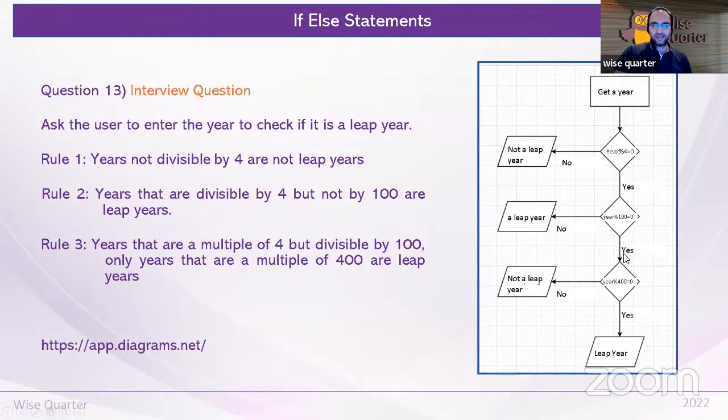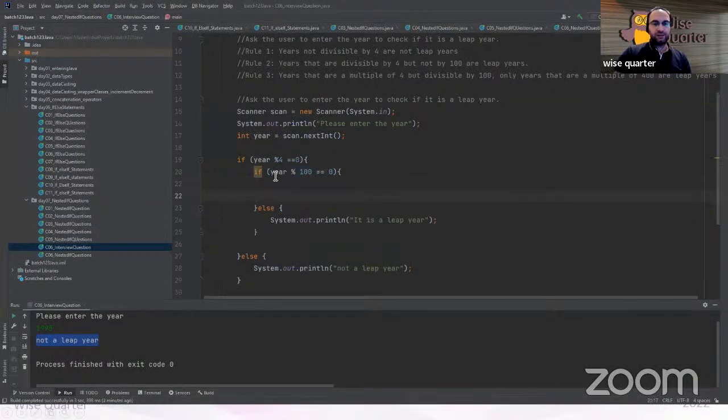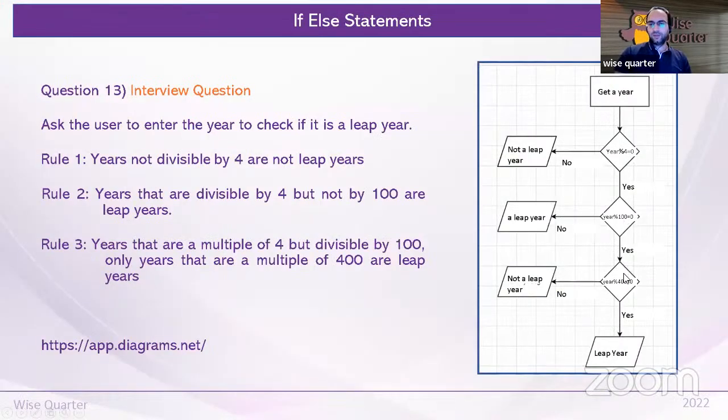If it's a yes, if it is true, we have to check something else here. But if it is false, this other code will be executed. If it is true, we have to check if it can be divided by 400.